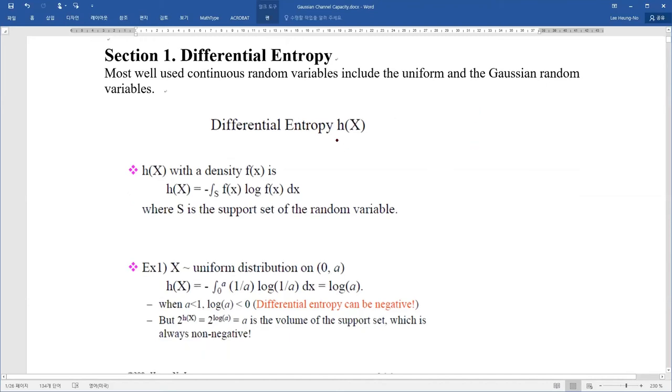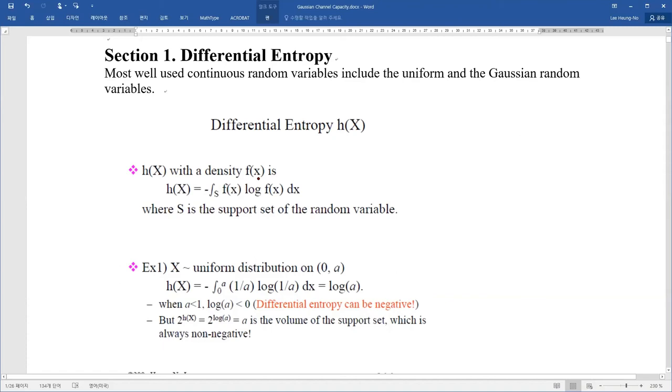And we use a small letter h instead of a capital H that we have been using so far in order to show that this is a differential entropy. So differential entropy is defined this way. Instead of px that we've been using, we will use the density fx.